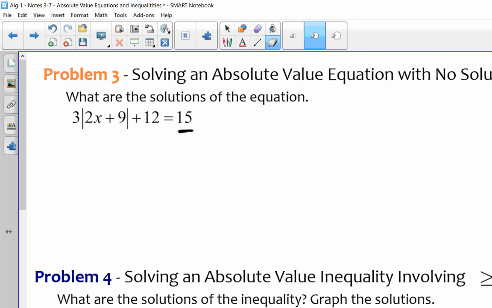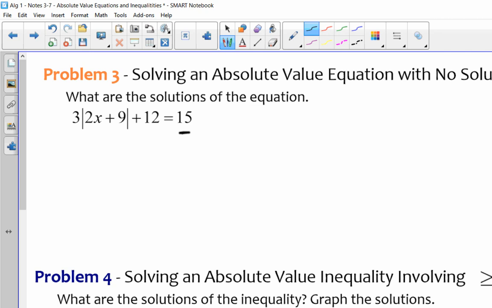I just didn't think that was really fair. I want you to solve a question right now. We'll get to no solutions another time and talk about it. But right now, I just want you to solve it. So I changed it. If you're just doing this on paper, no big deal. But if you have a printed version of this, I did change this number to positive 15.